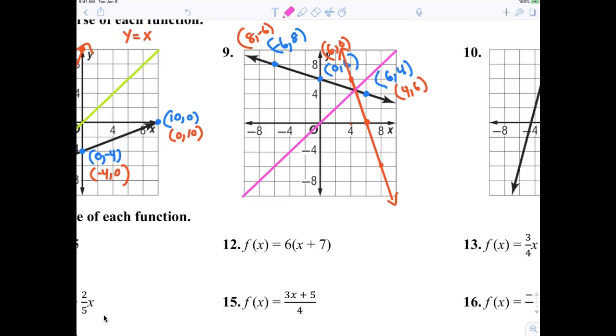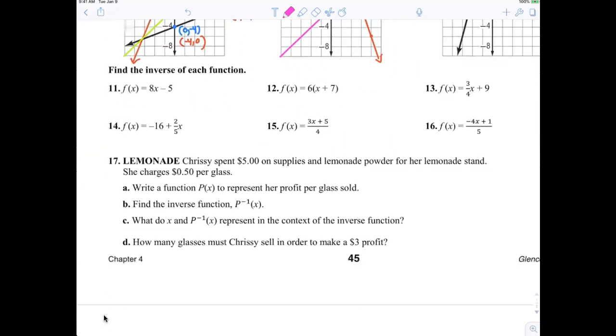You do have to graph an inverse. I'm going to give you the equation, just like 8, 9, and 10. Now, you don't really have to do number 17, so make sure you cross it out.